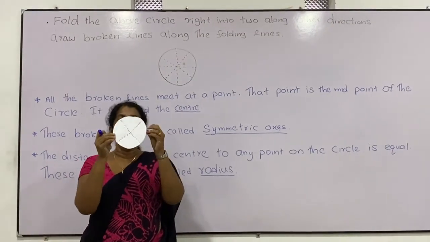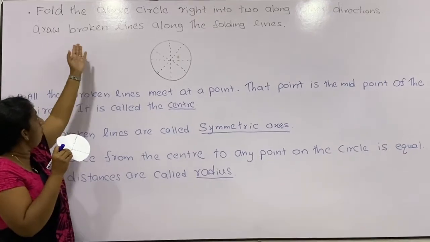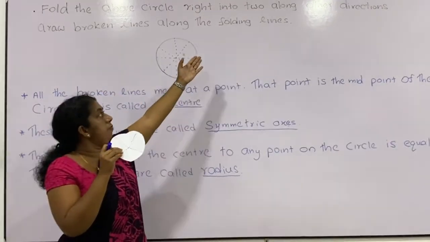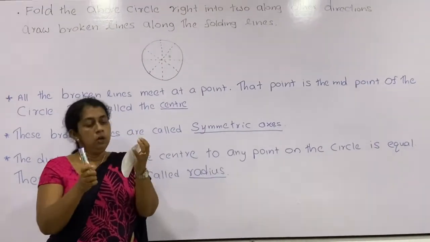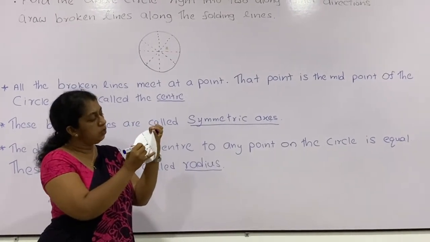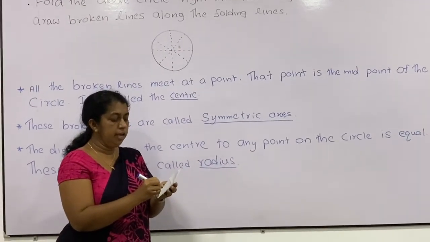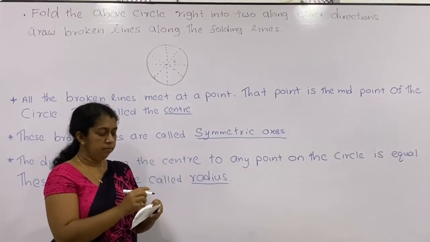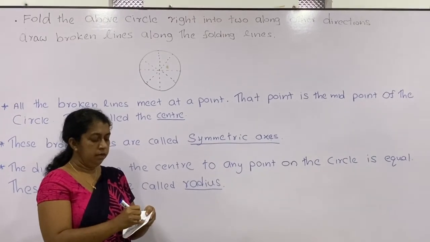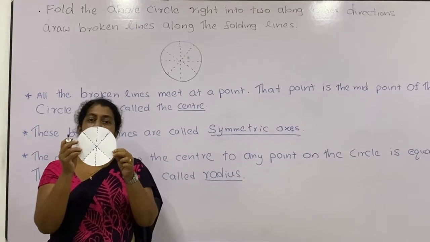Then you will have another folding line. So what you have to do? Draw broken lines along the folding lines. You can draw that broken line also using a pen. Right? Shall we draw it this way? Now you will see there are three broken lines.